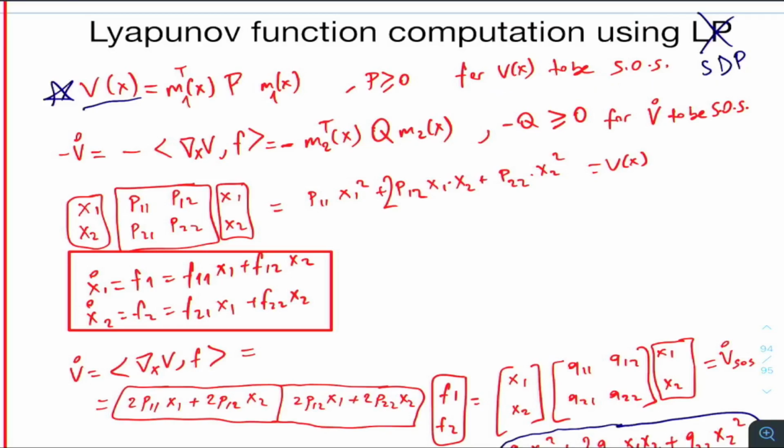All right, and after that, what was the other condition? V dot being less than or equal to 0, right? How would you compute V dot in this manner? And for that, yeah, there's a catch. This is the critical part. It gets kind of ugly, and confusing, I will say.